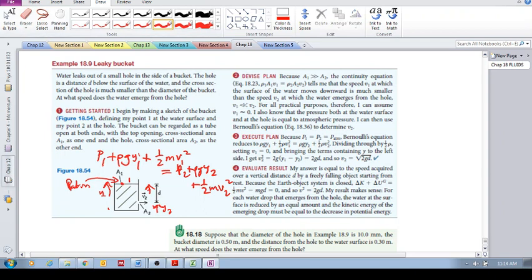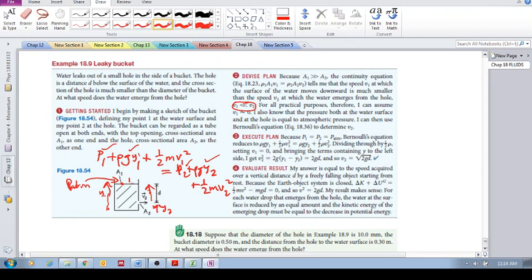Okay, so we've got y1 and we've got y2. So we've got these two terms. We've sorted out the pressures. Now, this is one thing that maybe is not so obvious, but velocity 2 is much greater than velocity 1.